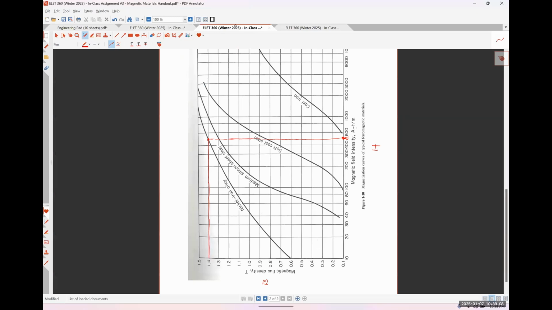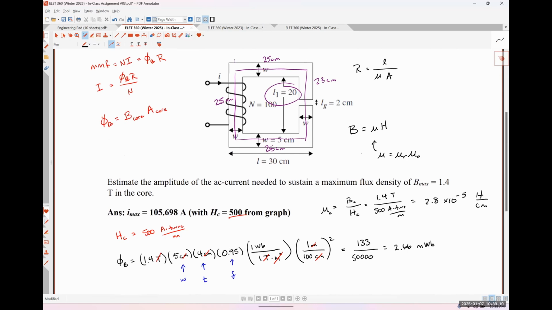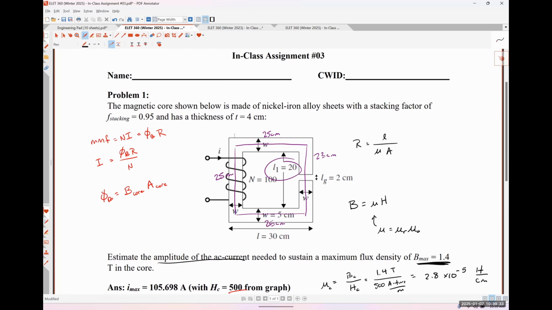All right, so to answer your question, Brock, we were told in the problem statement, and let me find it specifically up here, we are trying to estimate the amplitude of the AC current to sustain a flux density of B equal to 1.4 Tesla. And we were also told that our core was made of nickel iron alloy, right?